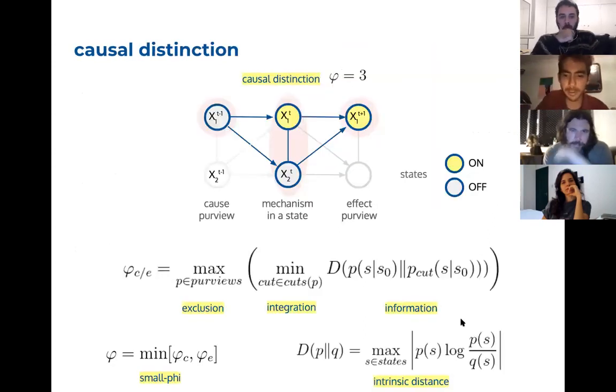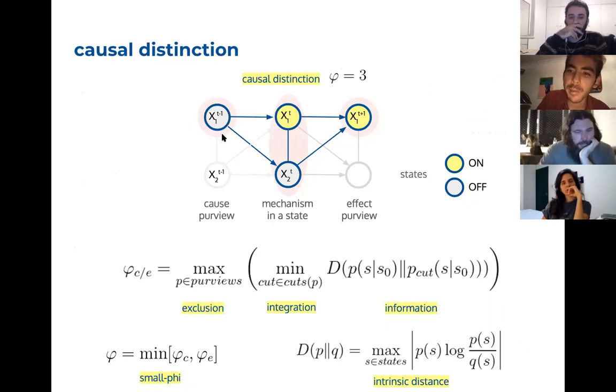But formally, what that means is that you want to see which causes over which units a given mechanism is most irreducibly effective over. It could be connected to many things, but over its connected units that it could produce an effect over, we want to see which of this cause purview and this effect purview it is maximally irreducible.